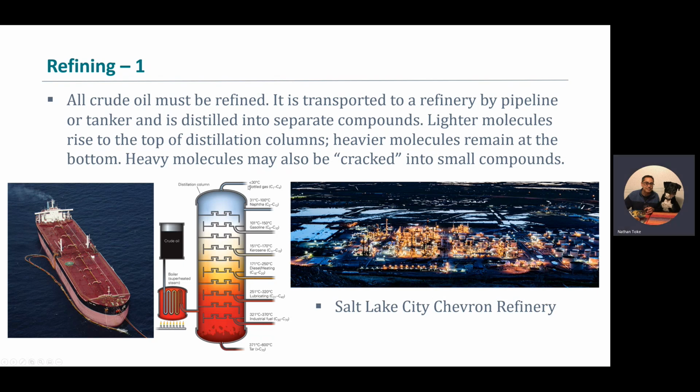And so we can produce gas at the lower temperatures, industrial fuels, lubricating oils, diesel and heating oil, etc. So we have examples of refineries right here. So we have Salt Lake's Chevron refinery right on site, in the north part of Salt Lake City.